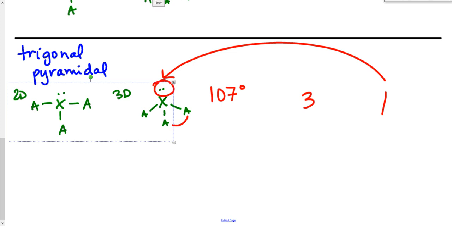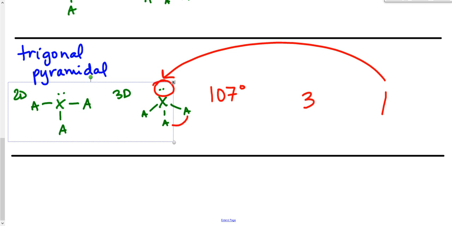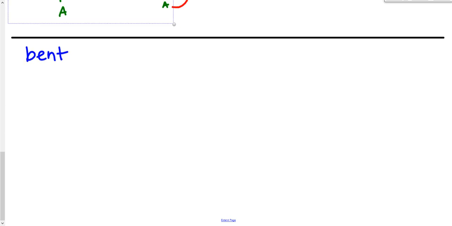All right, so our last shape is what we call bent. And this is exactly what it sounds like. This is going to be a molecule that is not linear, but has a bend in it. So it will look like this with some unshared pairs.